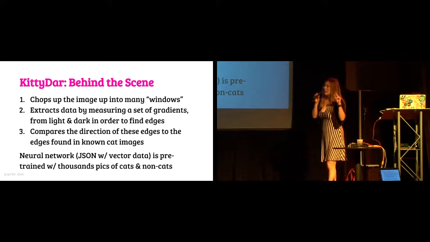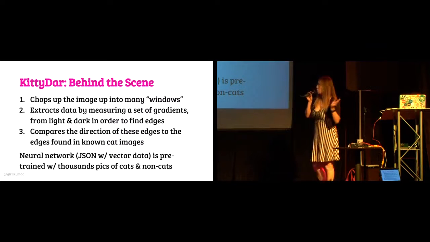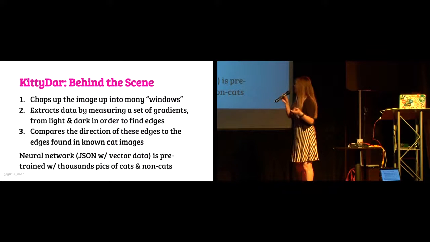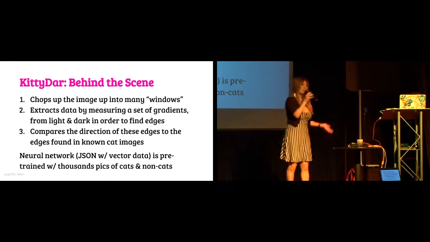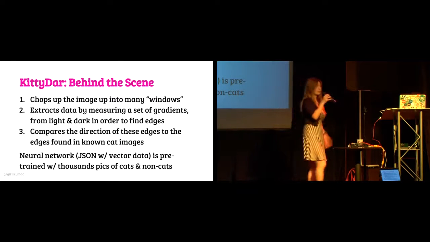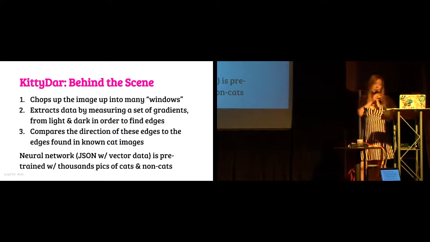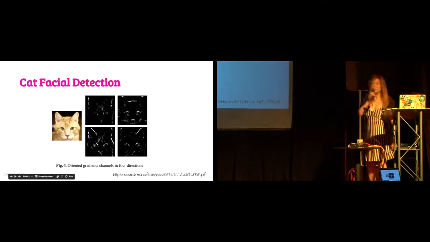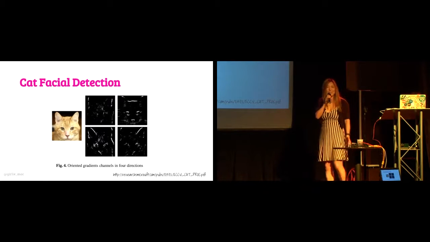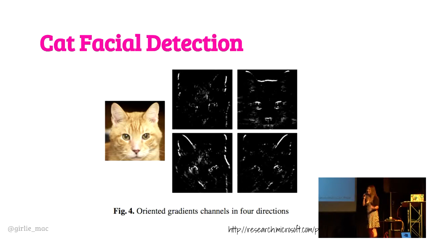The existing data I'm talking about is in JSON, with vector data for a neural network that was pre-trained with a whole bunch of photos with cats or non-cat objects. This project seems to be based on Microsoft research. It's actually pretty cool that Microsoft has the people and the budget to do this kind of research.